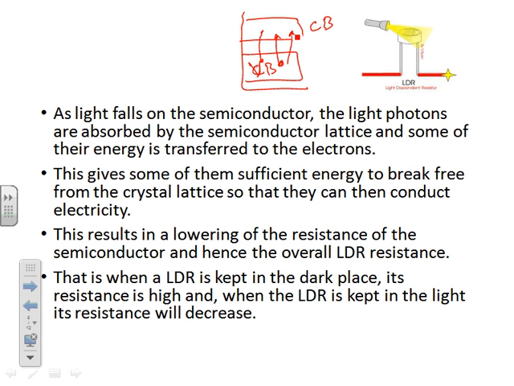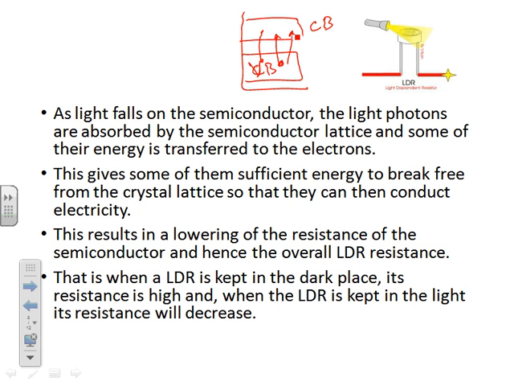So as light falls on the semiconductor, light photons are absorbed by the semiconductor material lattice, and some of their energy is transferred to the electrons. This gives them sufficient energy to break free from the crystal lattice so that they can conduct electricity. So these electrons absorb energy from the light and move from the valence band to the conduction band.